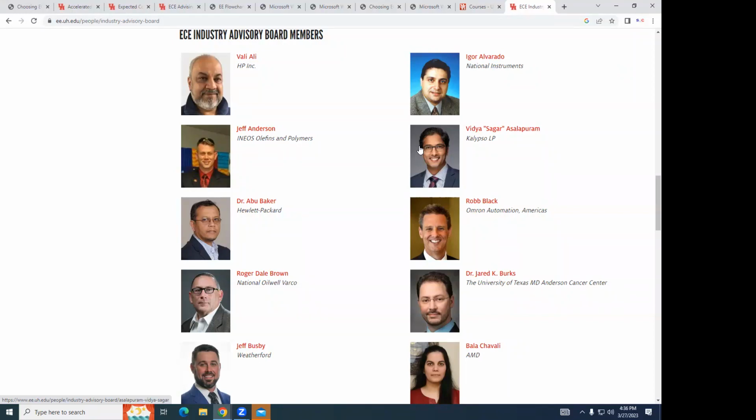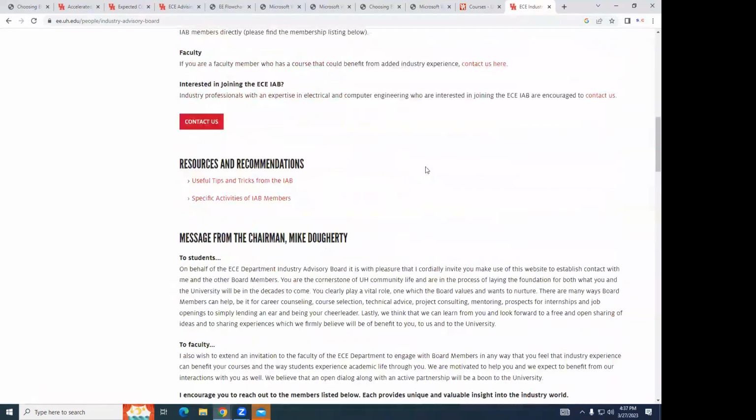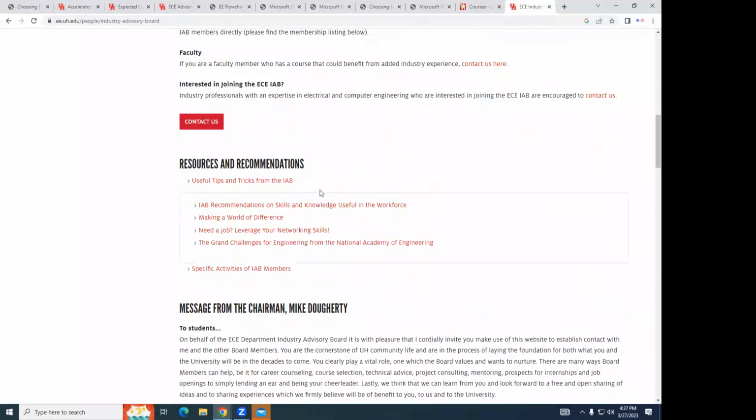Speaking of the IAB, they in fact made a whole document specifying some of the things their industry partners are looking for in students, I think. Let's see if that's here. Useful tips and tricks. Yeah, here it is.